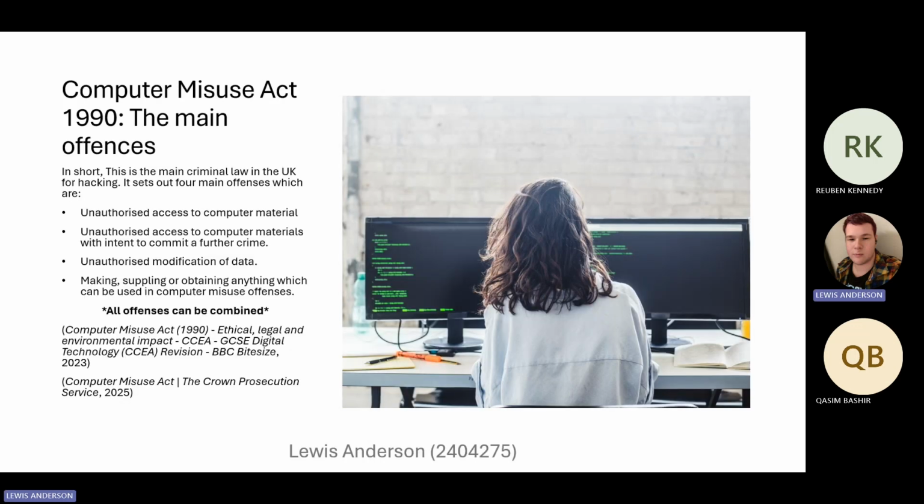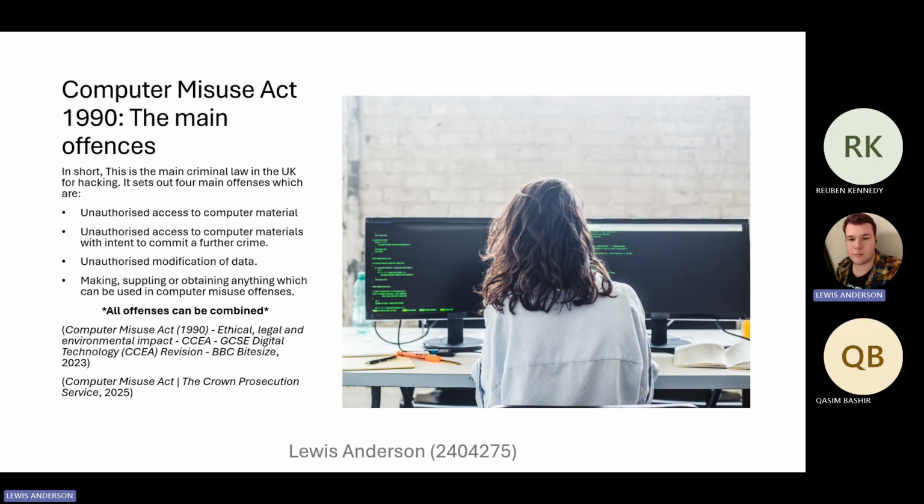The Computer Misuse Act 1990 is the UK's main law for hacking and similar offences. It covers 4 main offences. The first is unauthorised access to computer material, which is more commonly known as hacking.